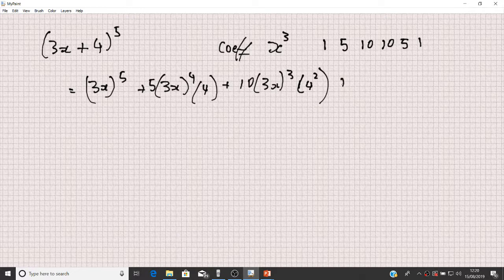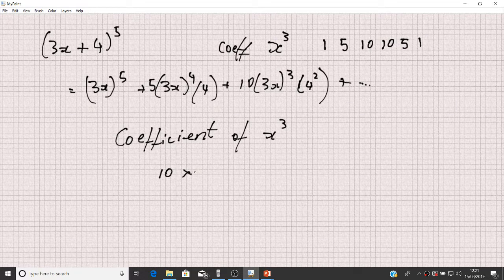Well, I can stop here because this third term is the term that will give me the coefficient, and I'll just look at the coefficient. Now that's the number in front of x cubed. We don't need to include x cubed, so the coefficient of x cubed will be 10 times 3 cubed times 4 squared.